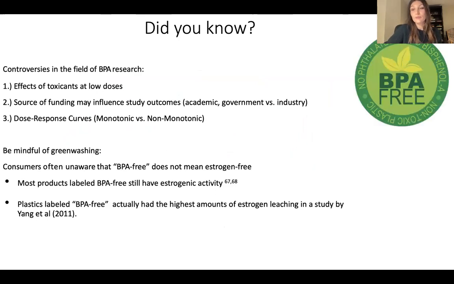And just a few fun facts before we end. There are some controversies in the field of BPA research: low dose effects, low dose exposures, non-monotonicity, and source of funding. Source of funding may influence study outcomes. For the Chapel Hill BPA meetings, they found that over 100 government-funded studies found adverse effects due to low dose exposure to endocrine disruptors, whereas 11 industry-funded studies said that they didn't find any adverse effects.